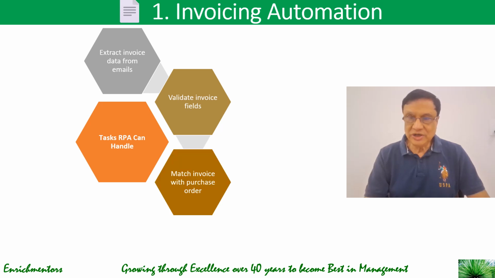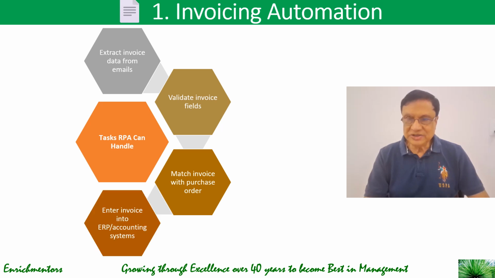Second, it matches the invoice with the purchase order. All the people who are from operations would know there is something called a three-way match, in which, before making the payment, you match the purchase order with the receipt and the warehouse receipts. So it does that.